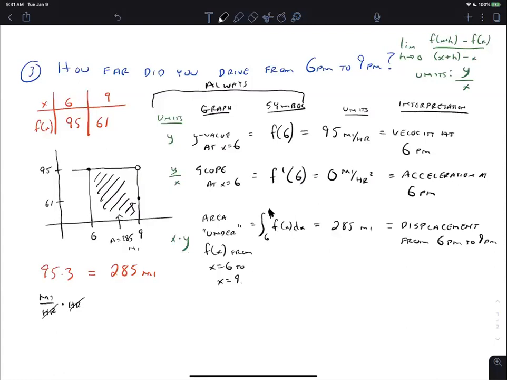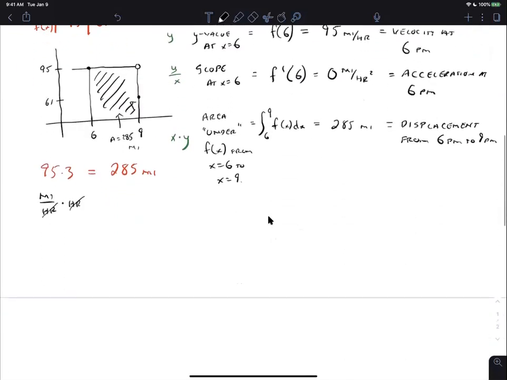So the integral, or definite integral, refers to the area. That's when you have these numbers here, like the 6 and the 9. Those are called the bounds. That's called the definite integral. If you don't have the bounds, then you're talking about the indefinite integral. So let's talk about that real quick.